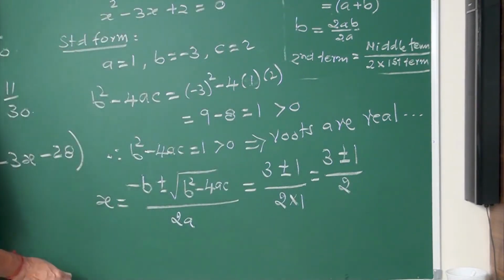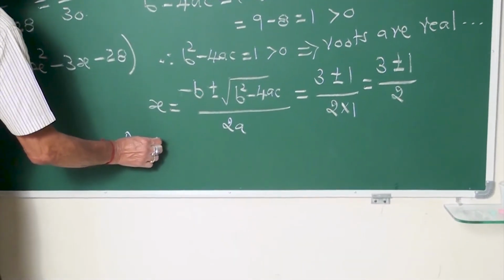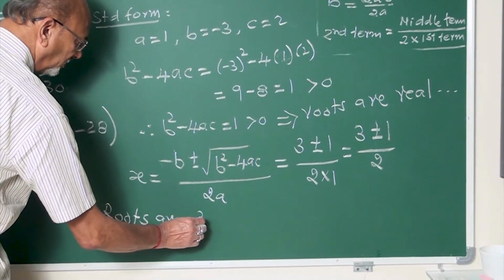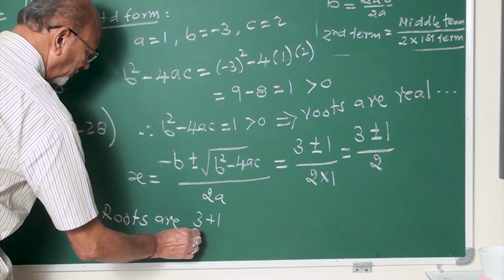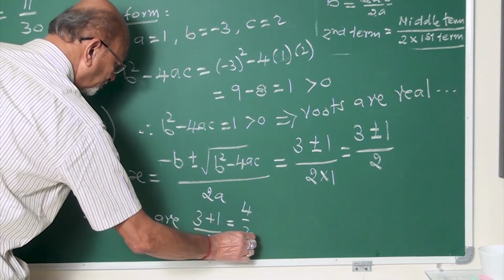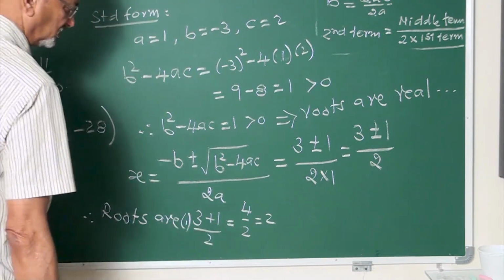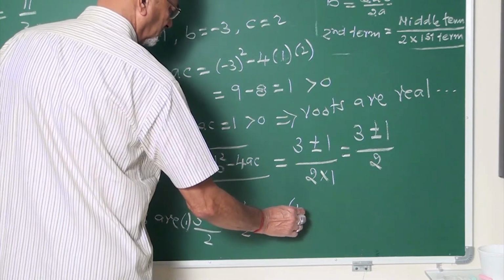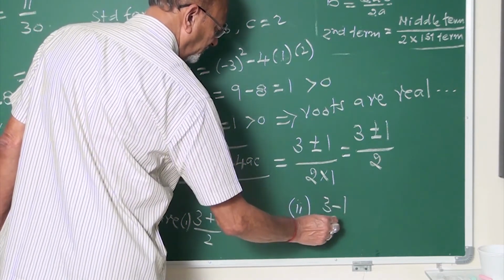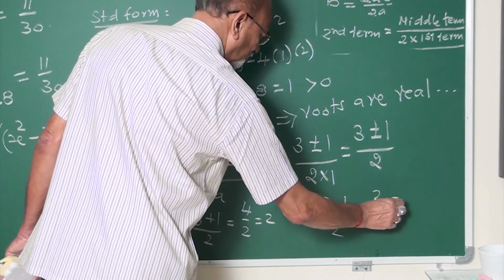Yes, therefore the roots are: first, with plus, 3 plus 1 by 2, which is 4 by 2, is 2. Then the second, with minus sign, 3 minus 1 upon 2, which is 2 by 2, that is 1.